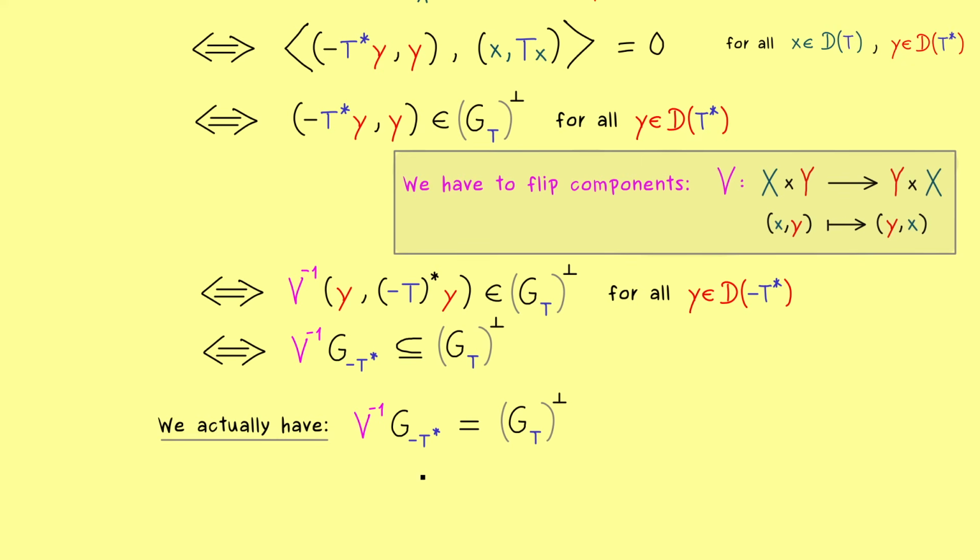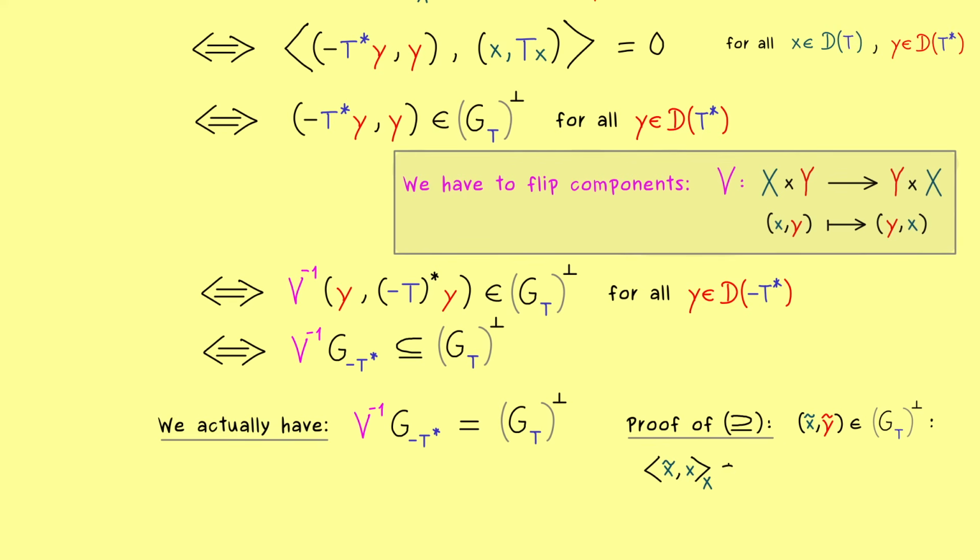And now if you want, we can also quickly explain the proof of the other set inclusion. There you would take an arbitrary element from the right hand side, so an element from the orthogonal complement. And to keep it simple, let's say we have x tilde and y tilde. And since they are in the orthogonal complement, we know that the inner product in X times Y is equal to 0.